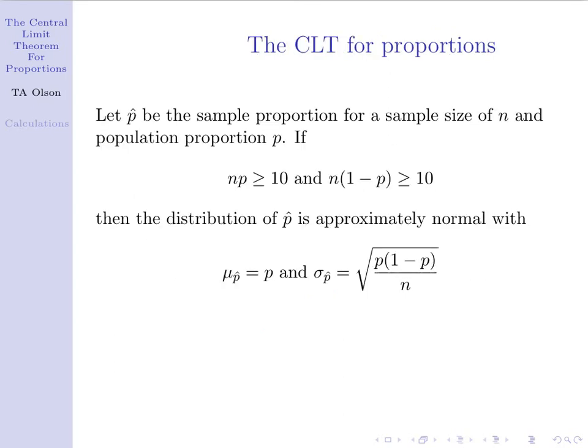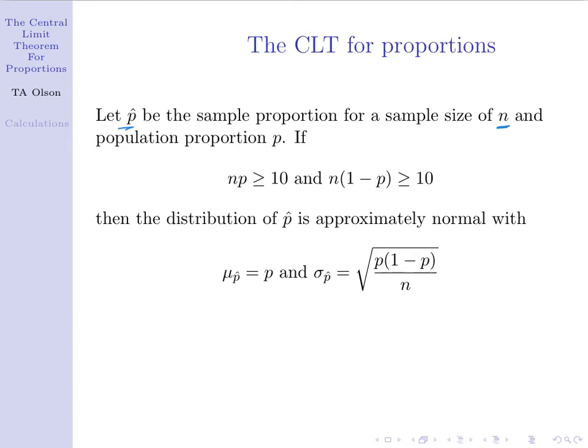All right, now I said this is going to be the central limit theorem for proportions. Remember, the central limit theorem told us that our data, our samples, come from a standard normal distribution. So these are going to be the conditions that we have a normal distribution. We're going to let P hat be our sample proportion of sample size n.